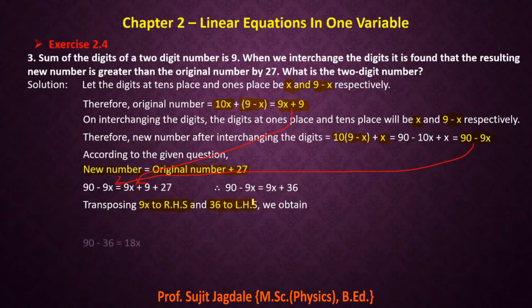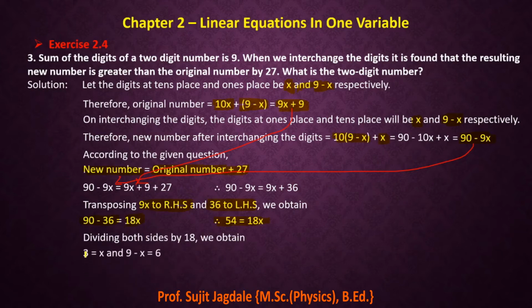Then we get 90 minus 36, and the minus 9x shifted to the right hand side becomes plus, so 9x plus 9x becomes 18x. After performing the subtraction we get 54 equals 18x, which is the next step. Now in order to find the value of x, we have to divide both sides by 18.